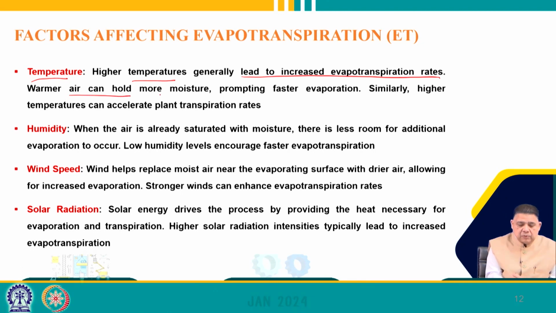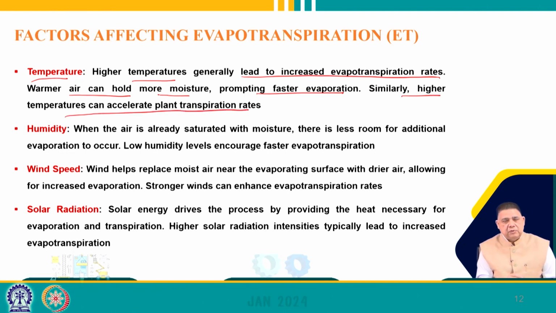Warmer air can hold more moisture, prompting faster evaporation. Similarly, higher temperatures can accelerate the plant transpiration rate. We also saw that there is a vapor pressure difference which also depends on water temperature and surrounding conditions. So, obviously, this is how temperature affects evapotranspiration.